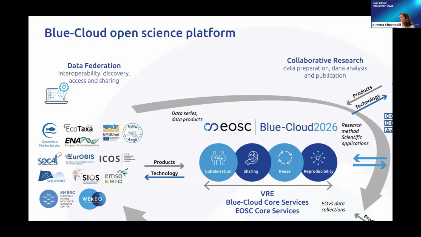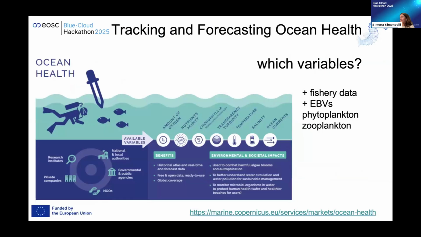From the workbenches, you have a lot of data that you can access, and which variables, for example, here is just a schematic from the Copernicus Marine Service that tackles ocean health and suggests oxygen, nutrient, acidity, chlorophyll A, transparency, turbidity, salinity, temperature, and ocean currents as key variables to tackle ocean health challenges.